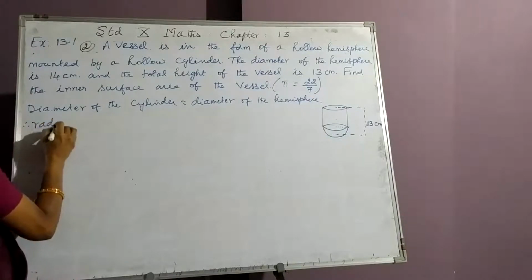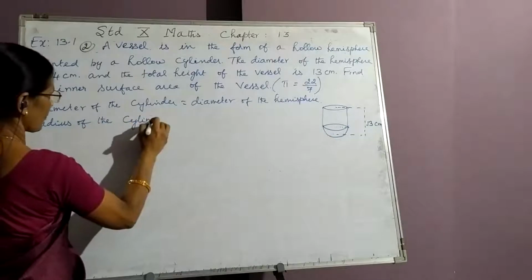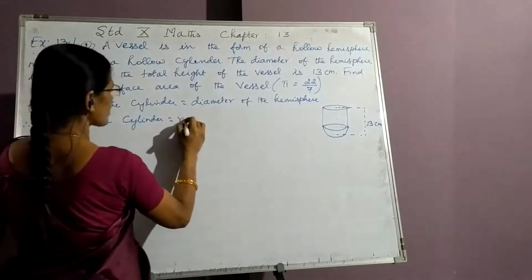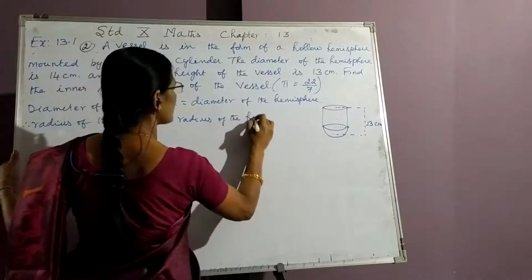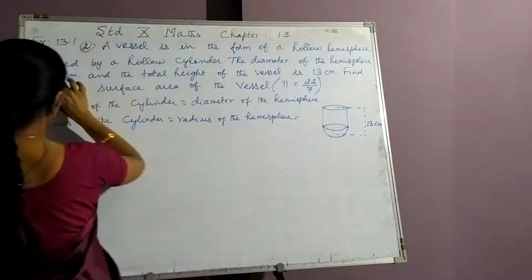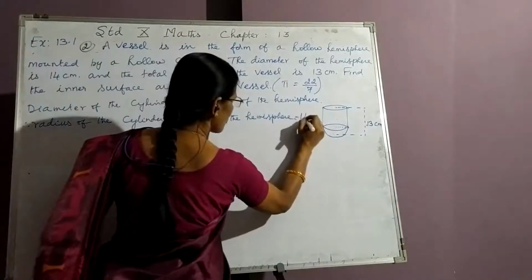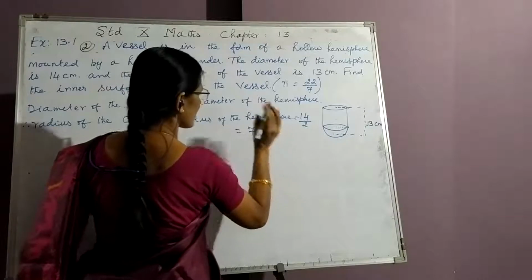Therefore, radius of the cylinder and radius of the hemisphere are equal. Diameter is 14 centimeter. Therefore, radius of each is 14 divided by 2, which is equal to 7 centimeter.